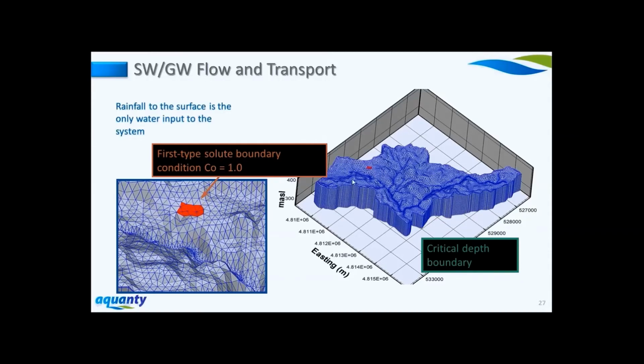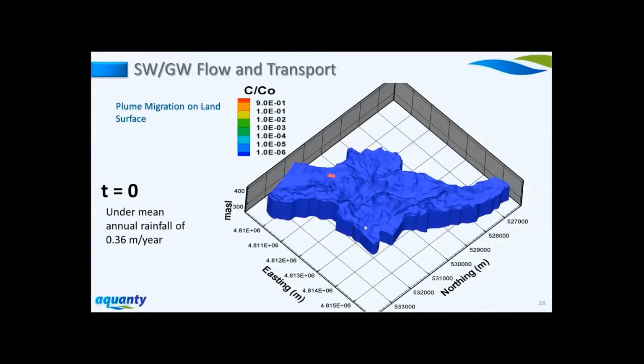And you can see here the discretization of the domain with a number of geologic layers underlying a fairly complex surface topology. So here we are at time 0, and what we've got is a contaminant source on the field.